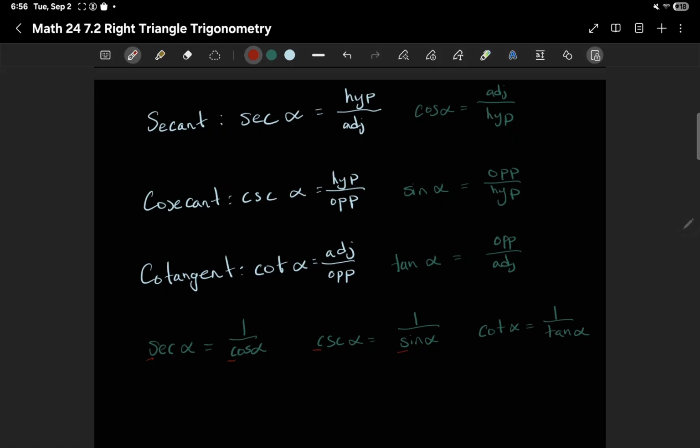To be able to do this, of course, you have to know that sine, cosine, and tangent are the original three. But that will be, I think, pretty straightforward after some time.